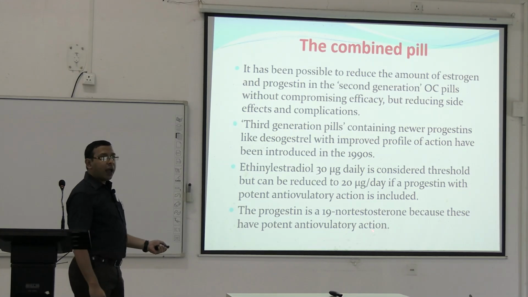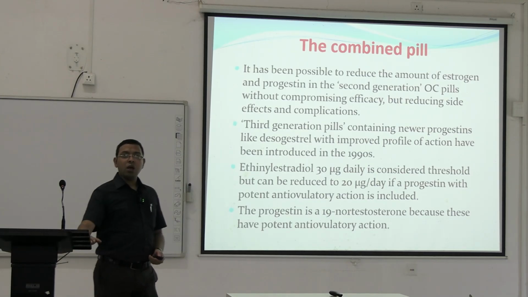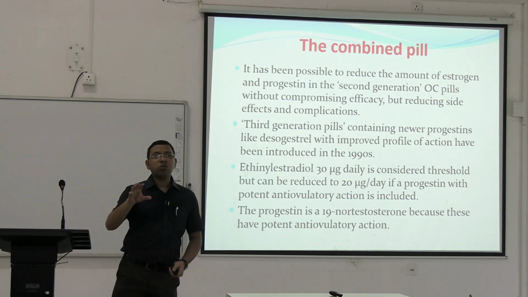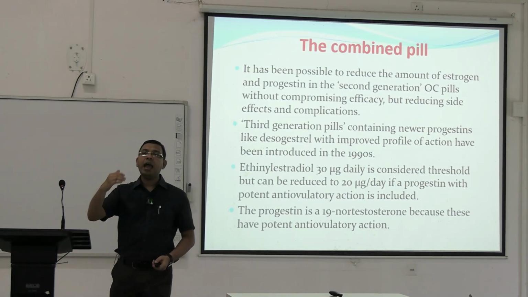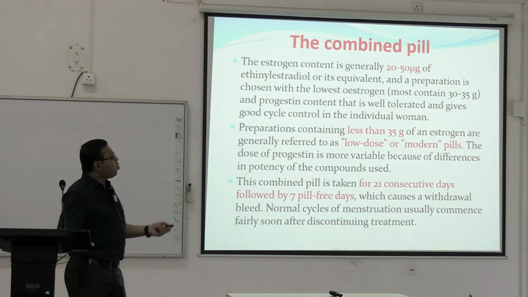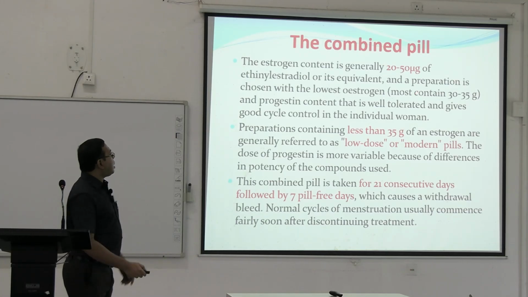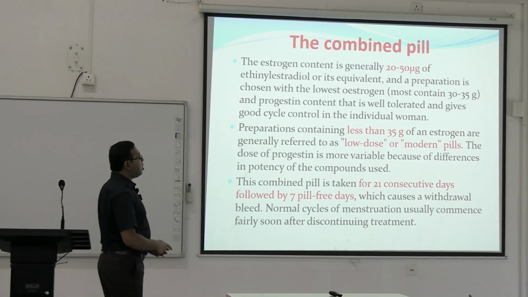The progestins are 19-nortestosterone derivatives because they have potent anti-ovulatory action, as we have already seen. So usually we have to choose those progestins with a very high anti-ovulatory action. The estrogen content is generally 20 to 50 microgram; this can be decreased to 30 to 35, which ultimately gives good cycle control in the individual woman.